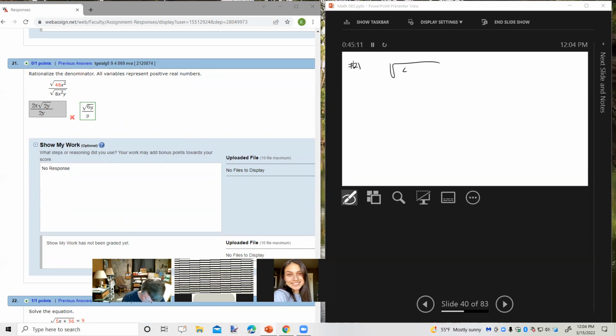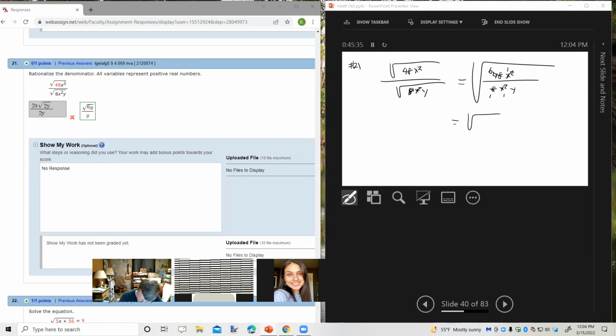21, the square root of 48 x squared over the square root of 8x squared y, which would be the square root of 48x squared over 8x squared y. I can put them together. This reduces down. 48 over 8 is 6 over 1. X squared over x squared is 1 over 1.